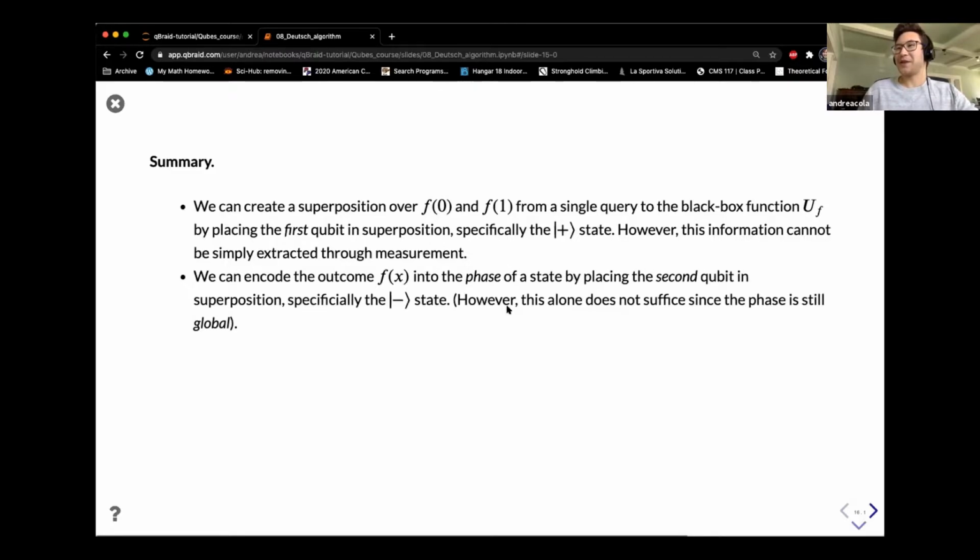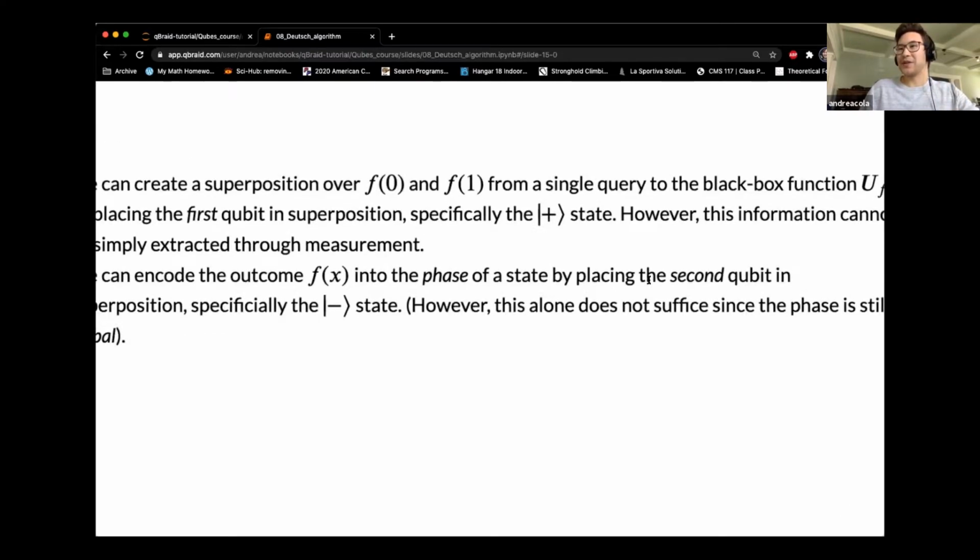Okay, so this is just a summary of what I've said. You can create a superposition over f of 0 and f of 1 from a single query to U sub f by placing the first qubit in superposition, specifically in the plus state. However, this information cannot be extracted through a measurement. We can encode the outcome f of x into a phase by placing the second qubit in the minus state.